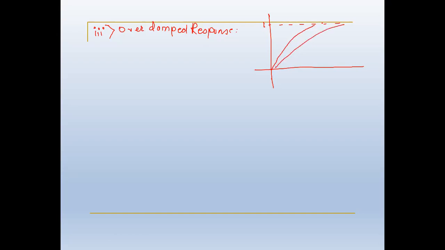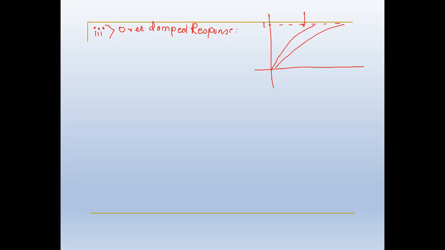The third one we have is the overdamped response. So what is this overdamped response? If the amount of damping is large, compared to 1, there will be different values.